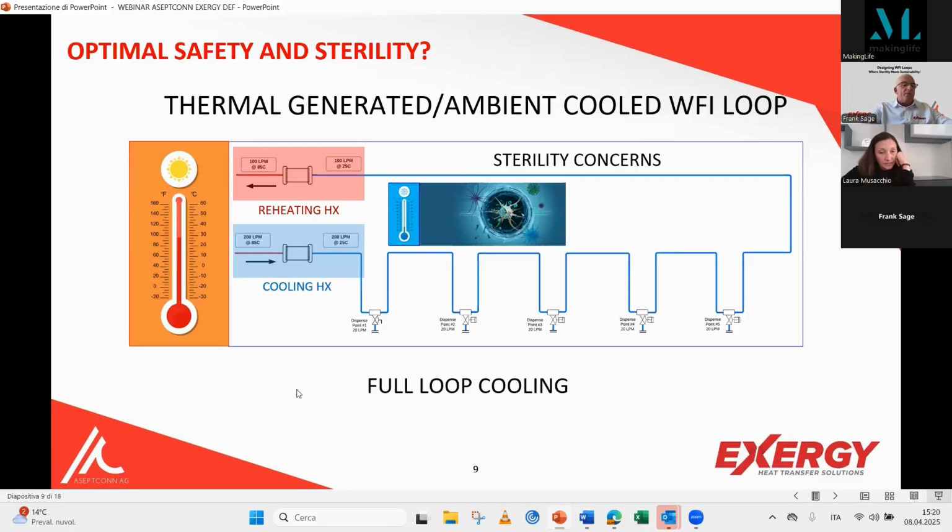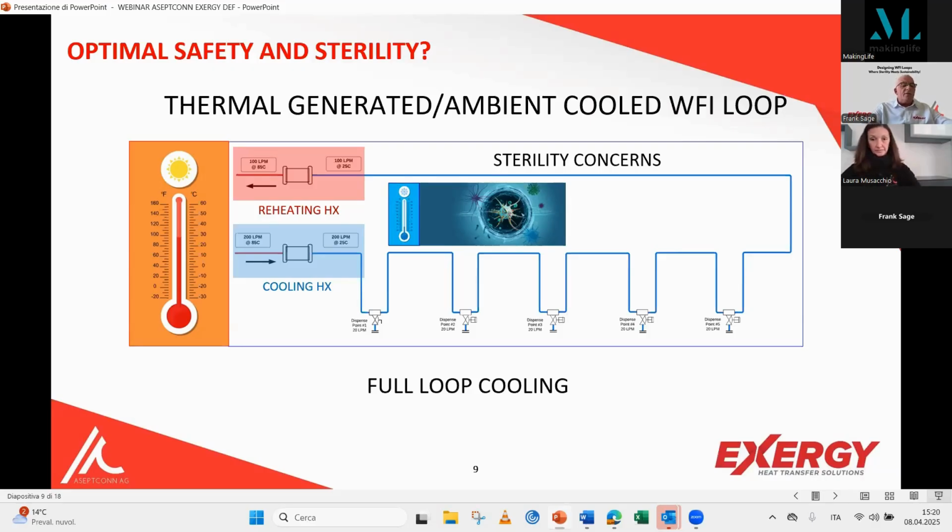All ambient WFI loops, all cold WFI loops, regardless of how the WFI is generated, require an even more robust level of monitoring than thermal loops and a thoroughly tested capture system to check for microbial excursions.